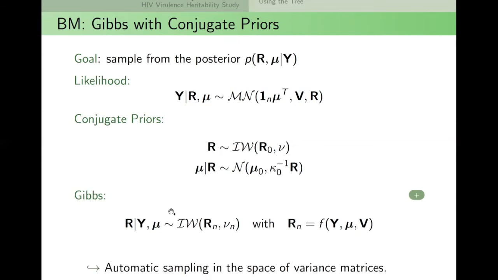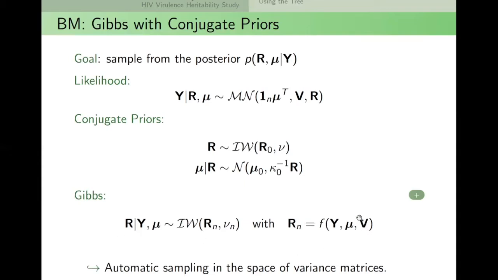And you have an automatic sampling of the space of variance matrices and also expectations, of course. And it's a Gibbs sampler, so you don't have a rejection.